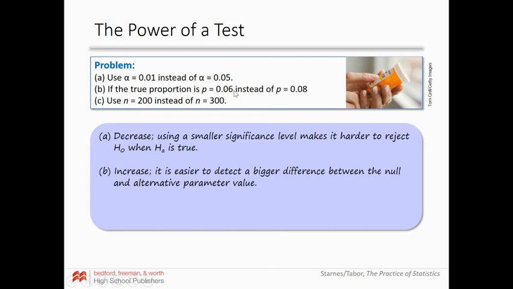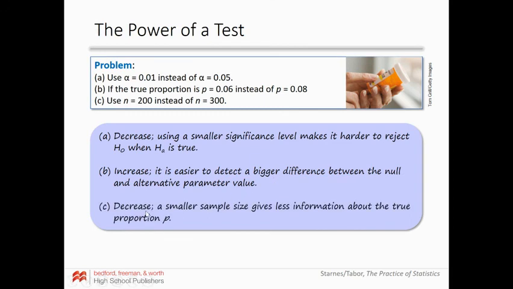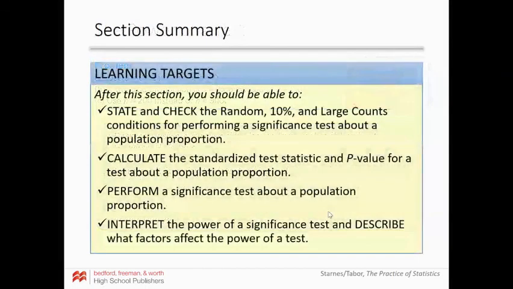Making the P values a bigger difference apart will increase the power because it is easier to detect a bigger difference between the null and the alternative parameter value. And C, decreasing the number in the sample will decrease the power, because a smaller sample size gives less information about the true proportion P.